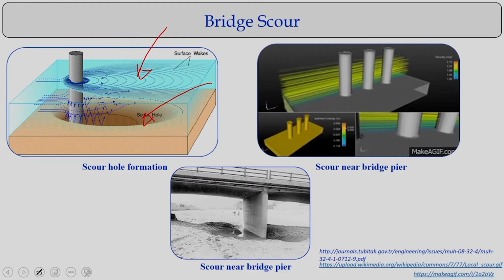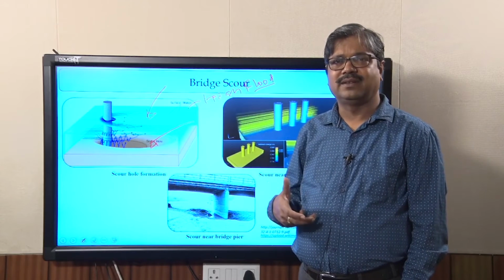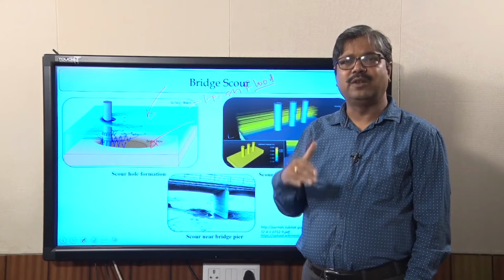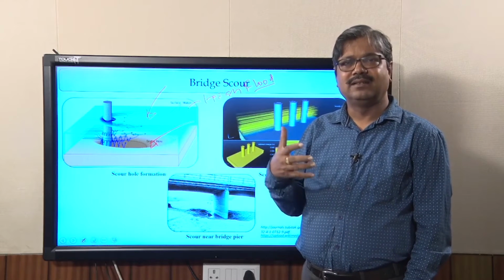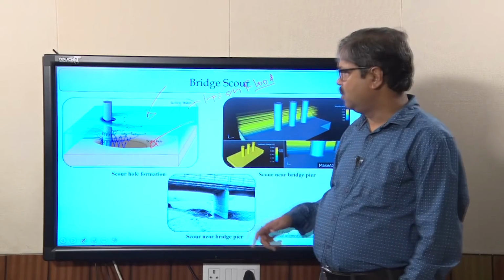This is exactly what happens during a high flood. During high floods, we have scour mechanisms at the bridge piers. To protect the bridge piers, we should estimate the scour depth and have foundations below the scour depth. Then the bridge is protected from scour hole formation.